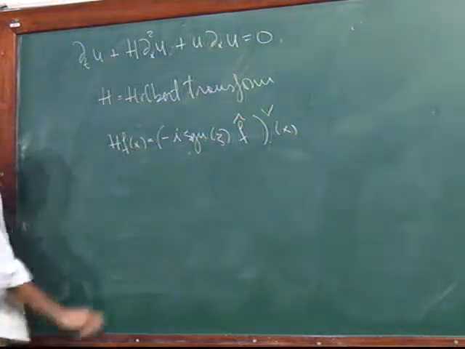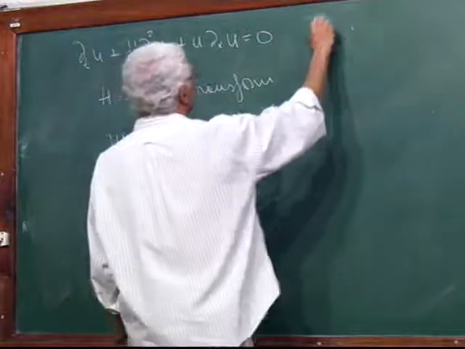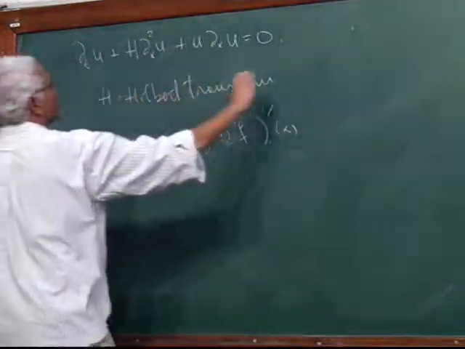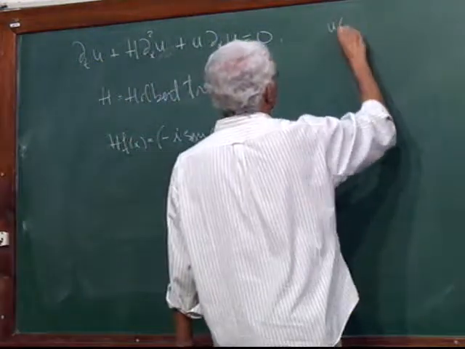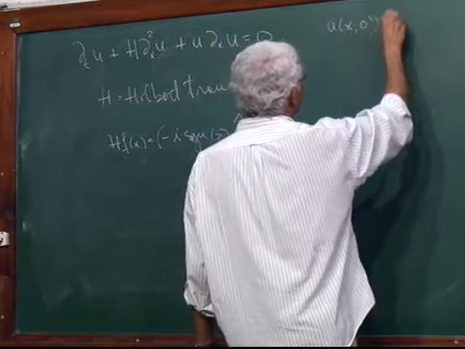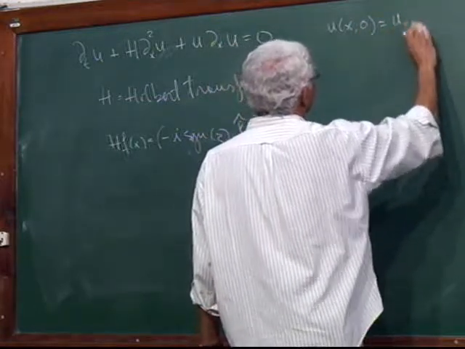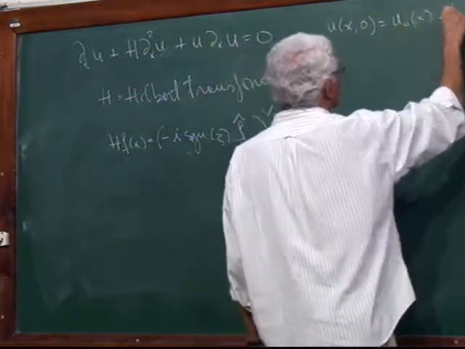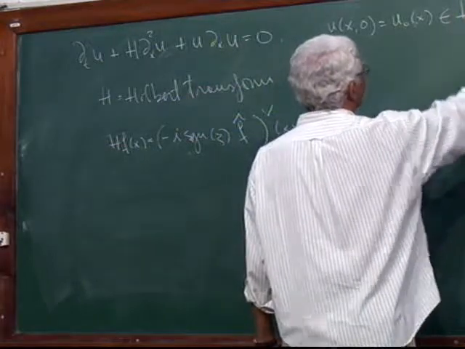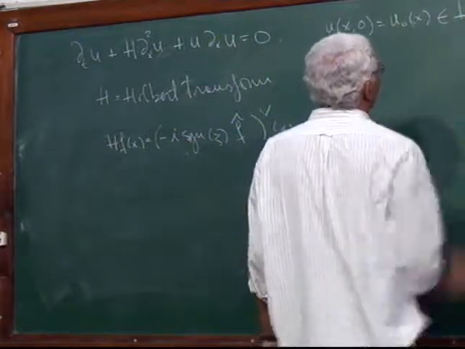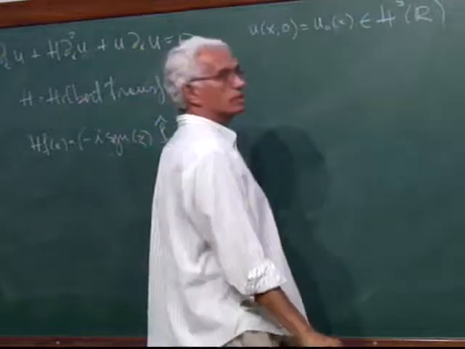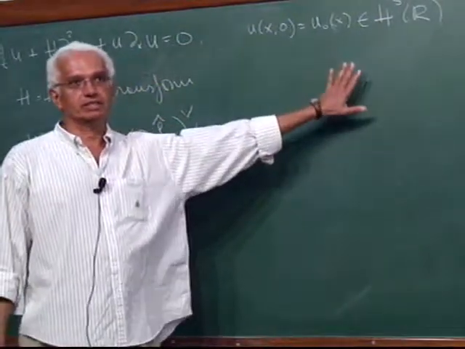Okay. And we are going to study the initial value problem. You have this, and you prescribe the initial data, and you put that in a Sobolev space. Does everyone know the definition of the Sobolev space?